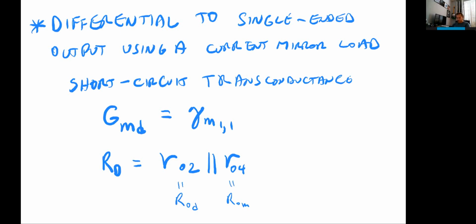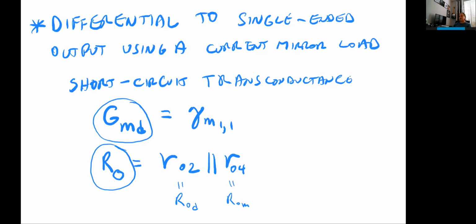So if you apply this to the transconductance and this to the output resistance, this is not RD. It looked like a D, but it's not. I want you to make that distinction. That's not an RD. That is an O for output. Okay.